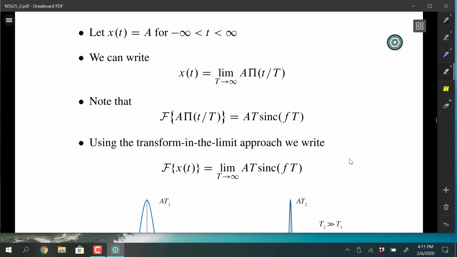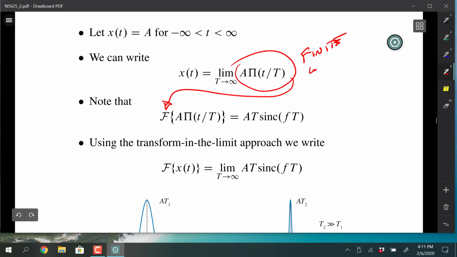So now we say, okay, this is an energy signal, so we can take the Fourier transform, and it's AT sinc(fT), just like we talked about last time.